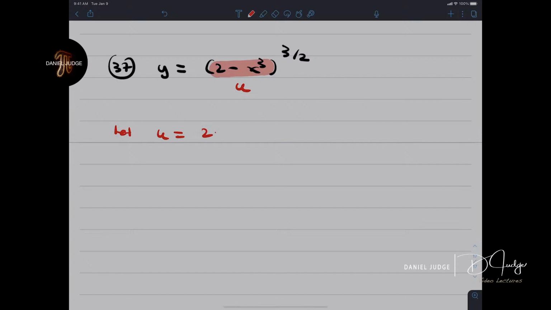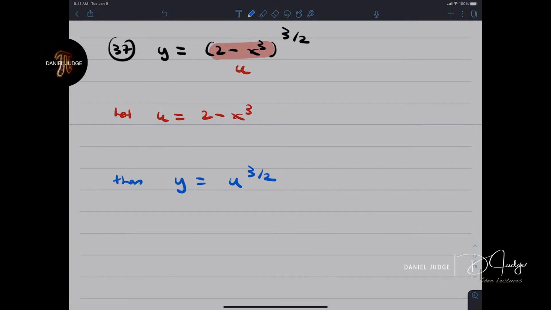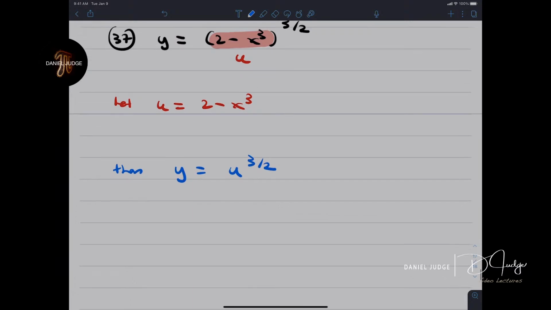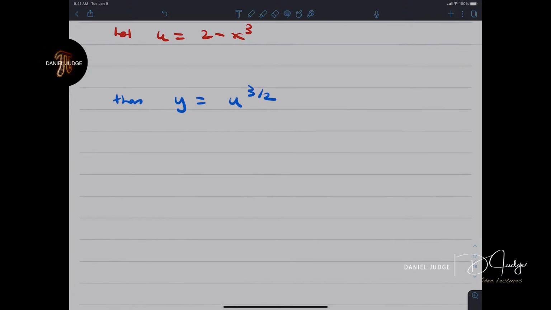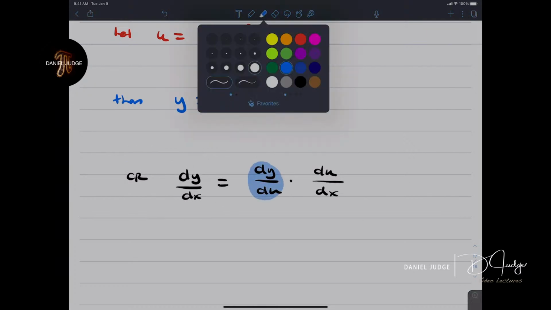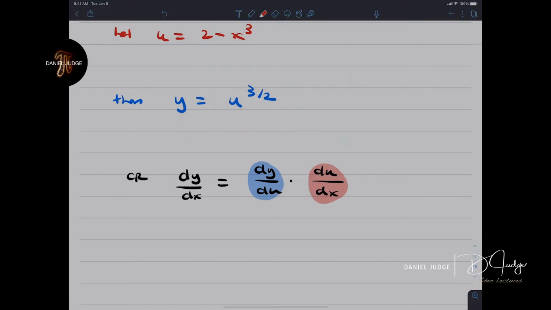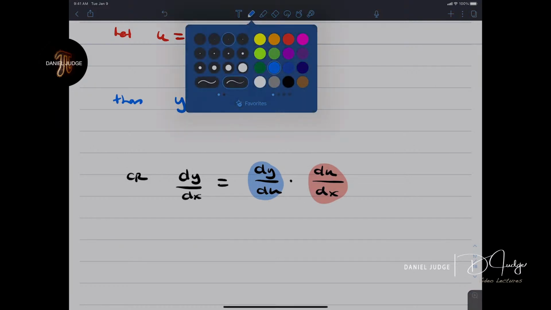Let u be 2 minus x to the 3rd power. Then y is u to the 3/2 power. Chain rule. We need dy du, and we need du dx.